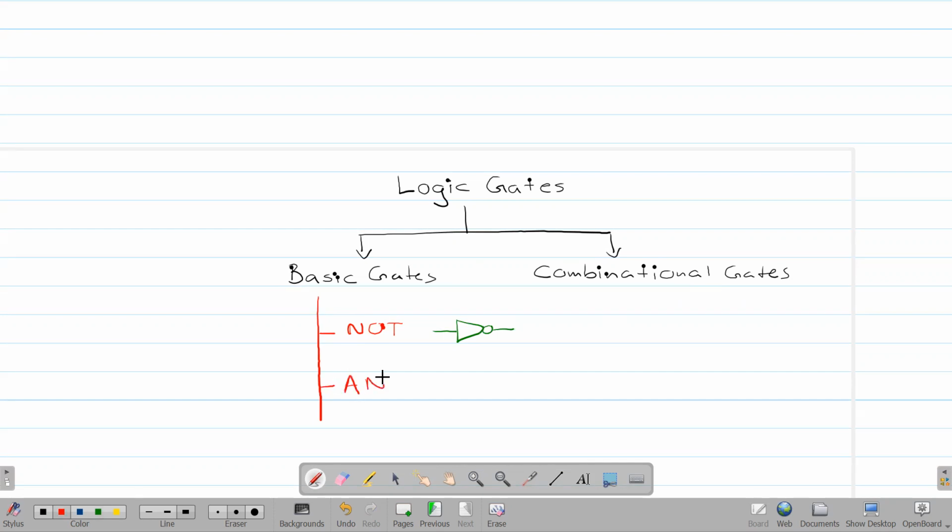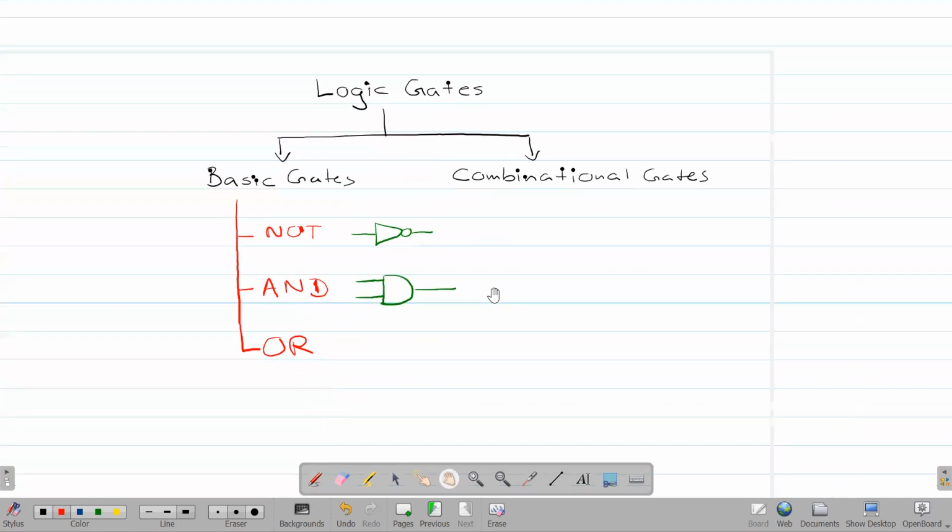And the AND gate. Since AND ends with a D, we can memorize that the AND gate is kind of the shape of a D. And finally, they have something called the OR gate. The OR gate is kind of a crescent.